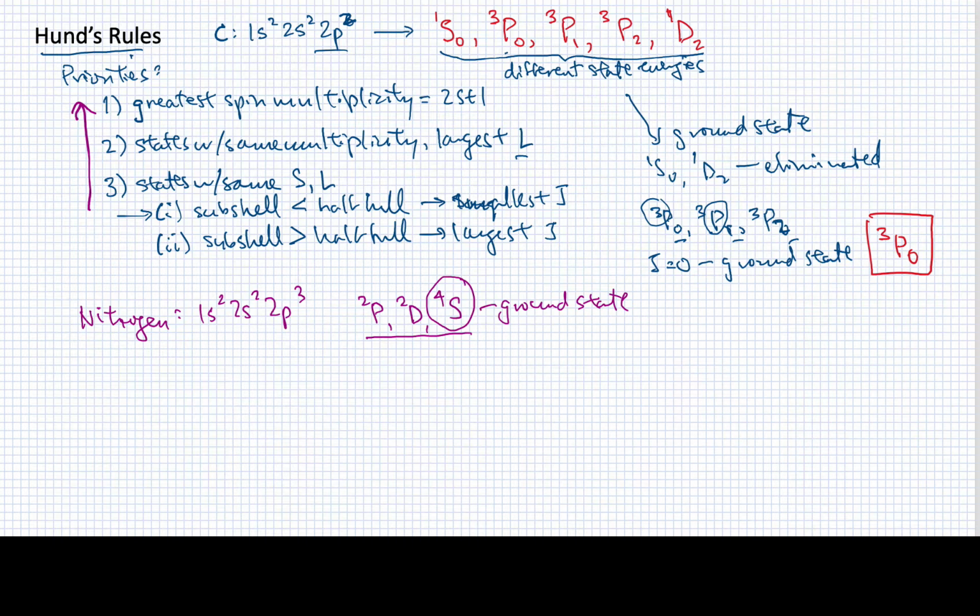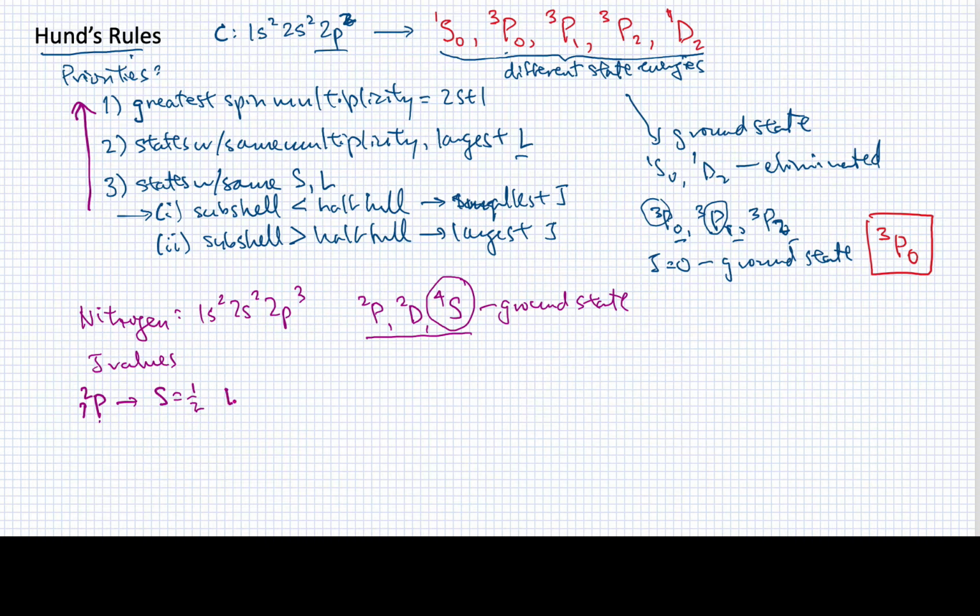That has the highest spin multiplicity, so you don't even need to know the J values to get that. But just for fun, what would be the J values for these terms? If I have doublet P, this means that 2S plus 1 is equal to 2, so S is equal to 1/2.